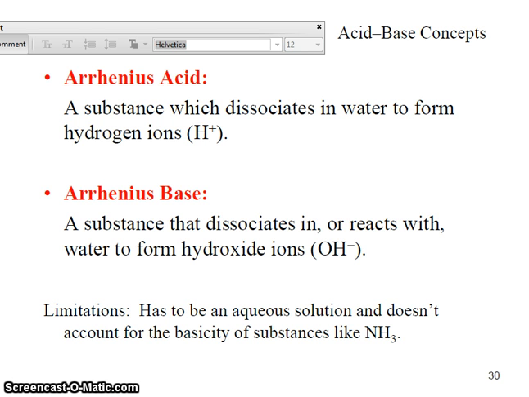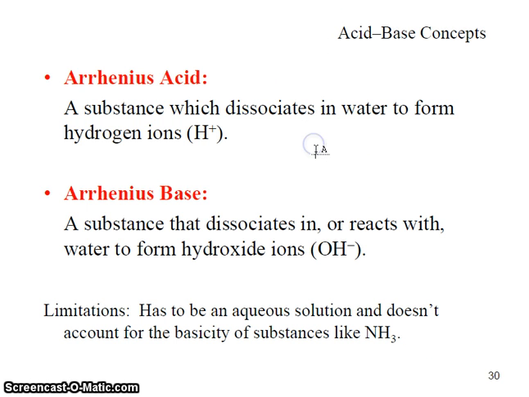Arrhenius acids are those which in water dissociate to generate hydrogen ions. So you are going to see H+. As an example, you could have HCl, HNO3, H2SO4. All of these have the capacity to generate the proton, the H+, and so these are Arrhenius acids.